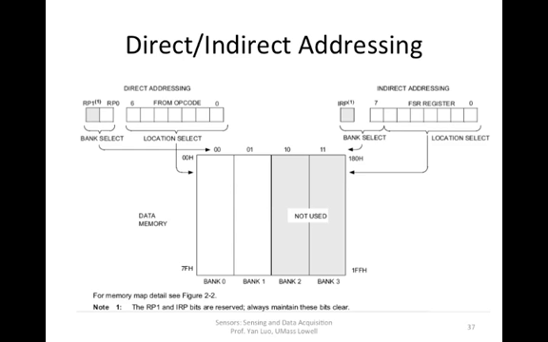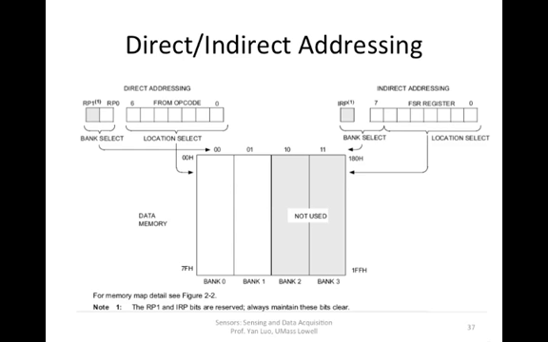For indirect addressing mode, the goal is still the same. We must get the bank ID and the location in the bank. But the way to get these two values is different from the direct addressing mode. We will use the so-called FSR register, the file select register. This is a very special register.